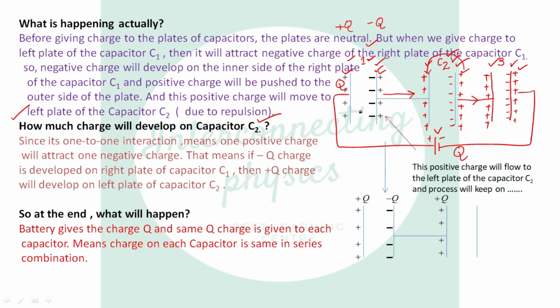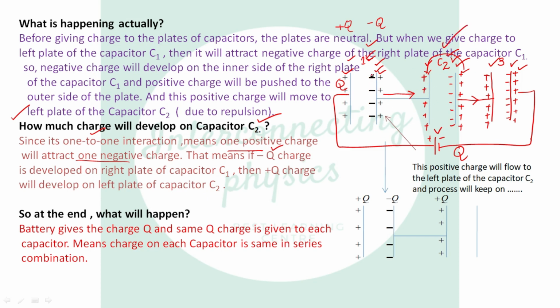Now the question is, how much charge will flow to capacitor 2? This is one-to-one interaction, means one positive charge will attract one negative charge. That means if minus Q charge is developed on the right plate of capacitor 1, the same amount of positive charge will move toward the left plate of capacitor 2.